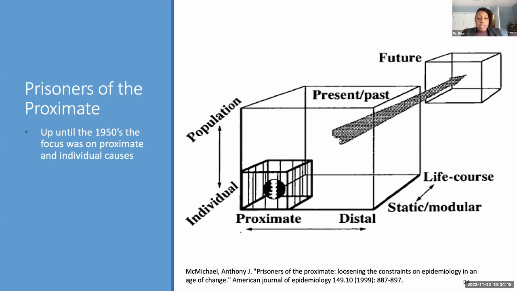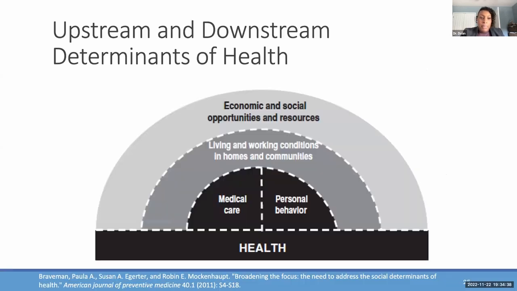When we consider proximate causes, it causes us to think that disease is represented among individuals. But when we consider distal causes, it causes us to look upstream. That is, consider that there's this manifestation of disease that could look very different at the population level and is more than the sum of the individual risks that we see.